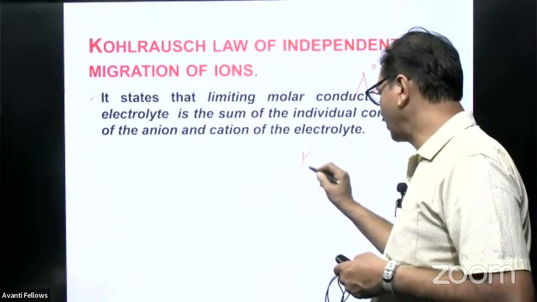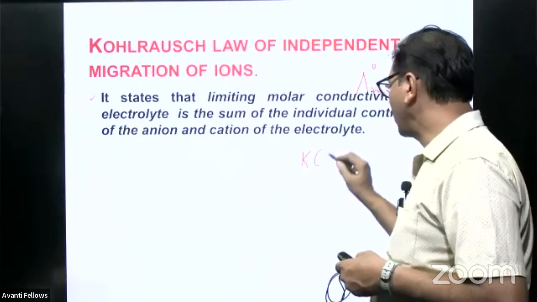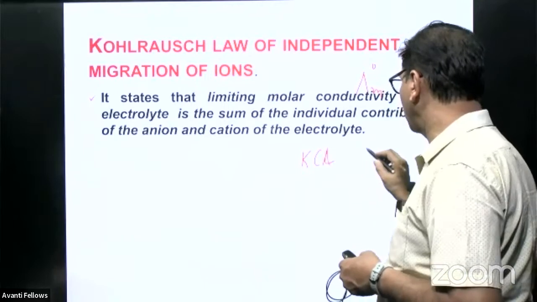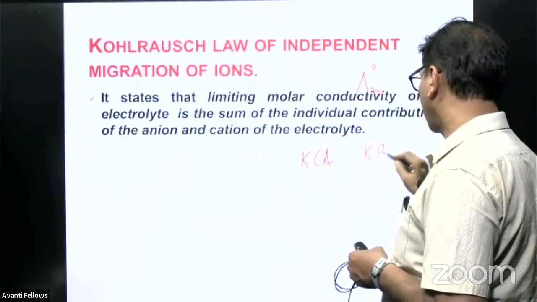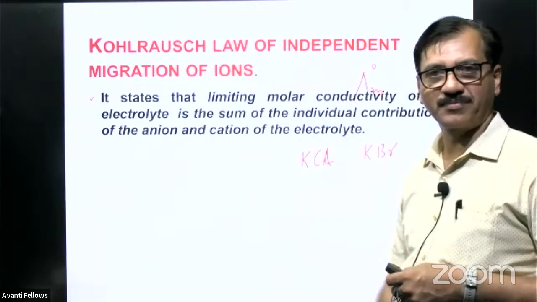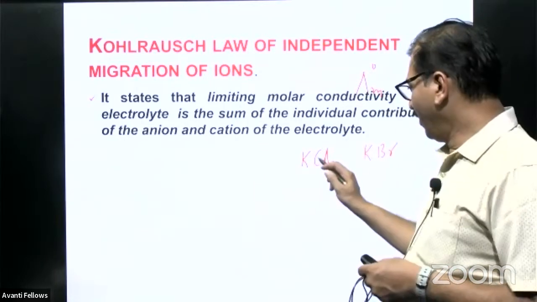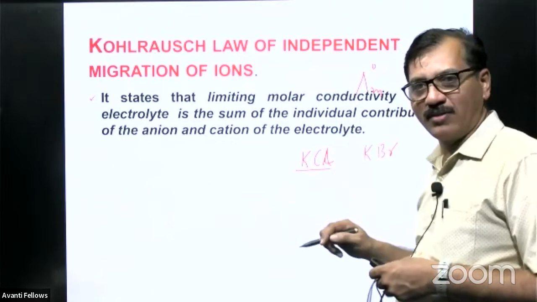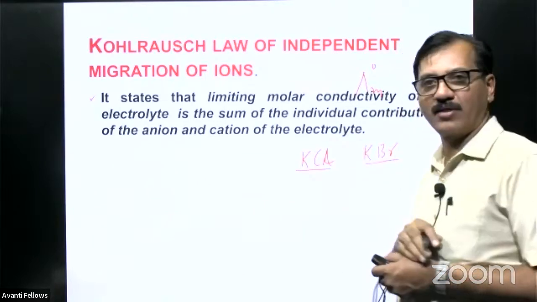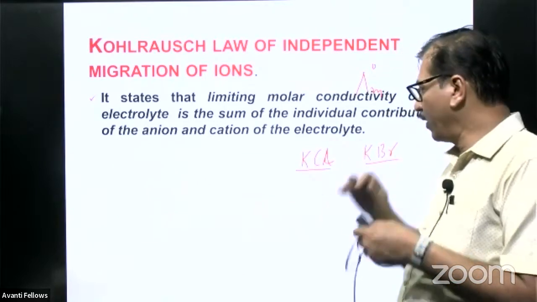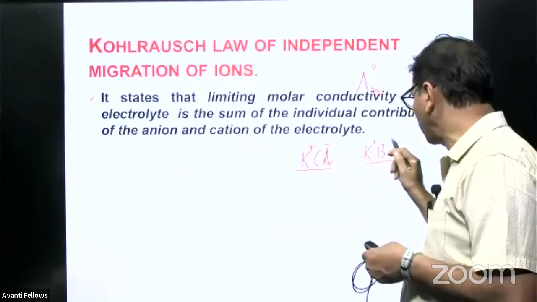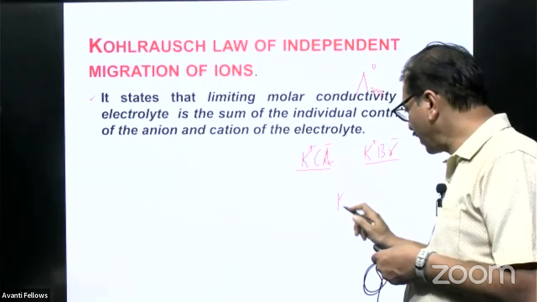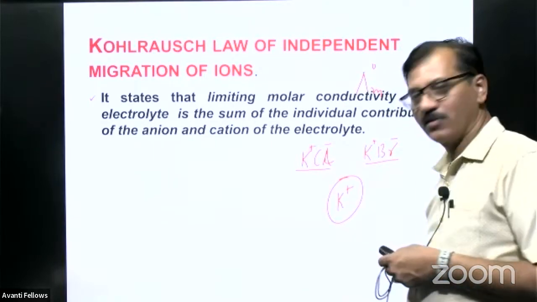I will take two solutions, KCl and KBr, two salts, kept in infinite dilution. There will be no relationship between K plus and Cl minus, and K plus and Br minus. K plus is an individual thing.